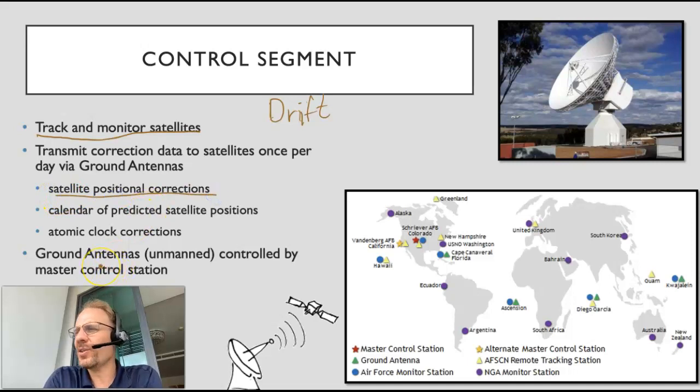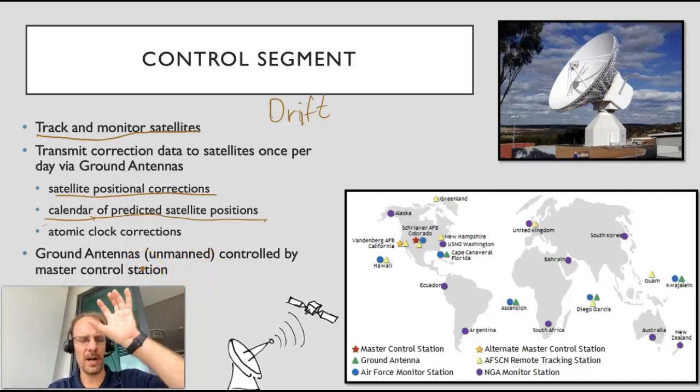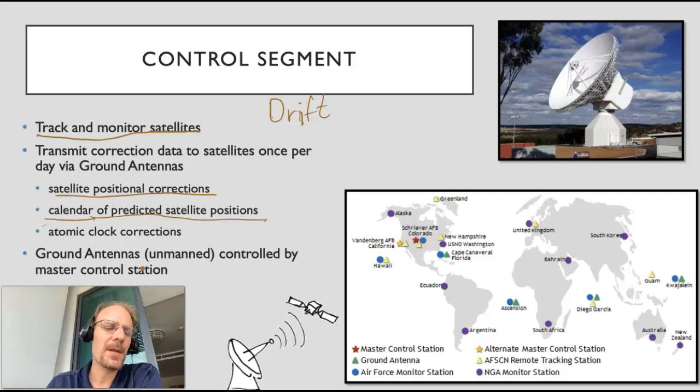They also need to know where the satellites are going to be, or predict where they're going to be. We call that the calendar. They help control and manage to make sure that the satellites are being predicted where they will be in the future, because the satellites are not stationary, they are moving around the Earth in what we call orbit. The other thing is the satellites have a clock.